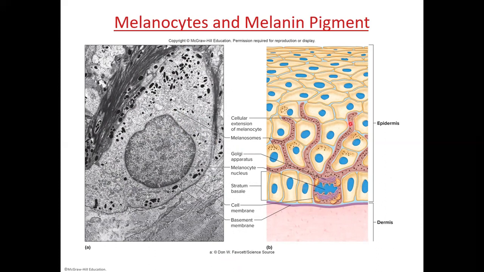It has these kind of pseudopod-like extensions that go out and in between all the cells in the epidermis, these stratified squamous epithelial cells, okay? And then the little dots are the melanin, and they get ejected, and then the surrounding cells will take that melanin in and become darker.